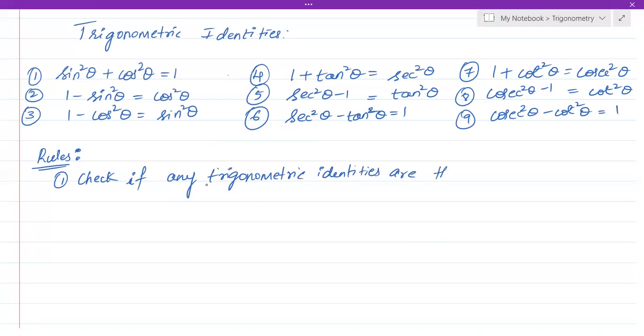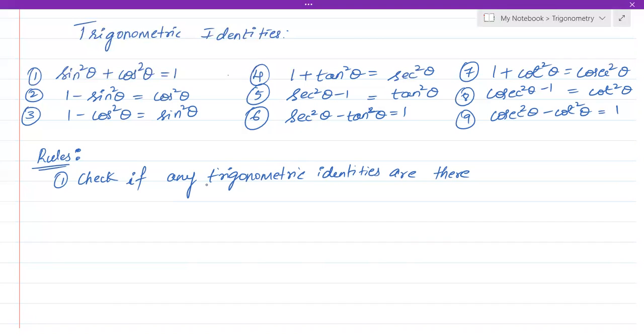See, the first step is always to check. In the given question, you have to check whether any trigonometric identities are there. We can also check for algebraic identities. When I say algebraic identities, a plus b whole square, a minus b whole square, a square minus b square, a cube minus b cube, all these are algebraic identities. The first step is always, you will take the question and check if there is any trigonometric identity. If it is there, you're going to use it, and when you use it, easily you will get the answer.